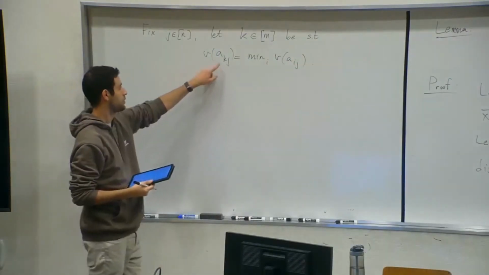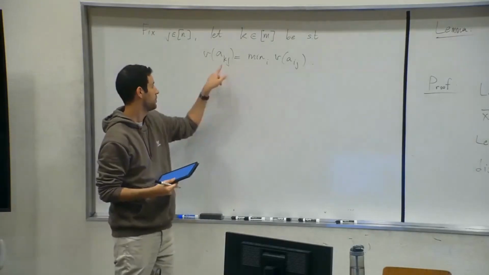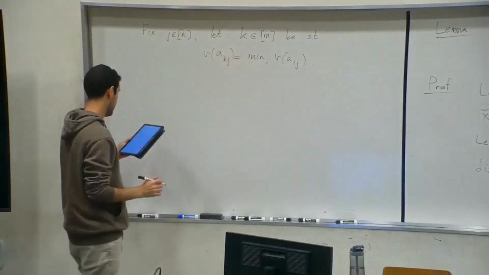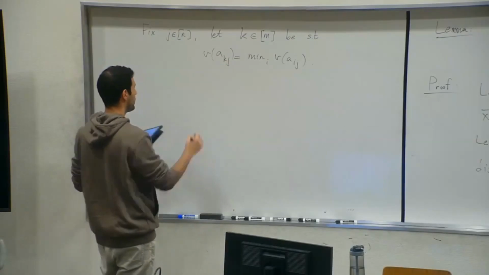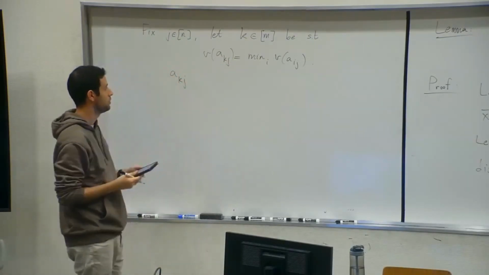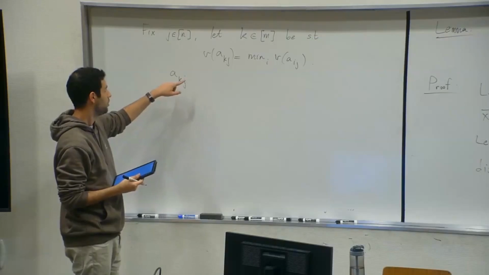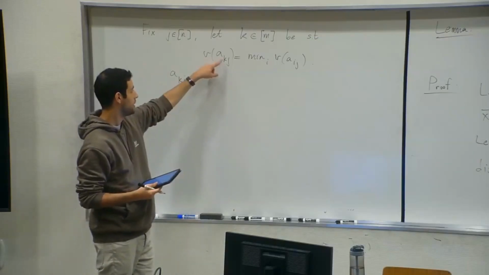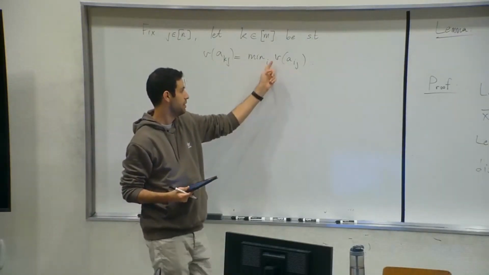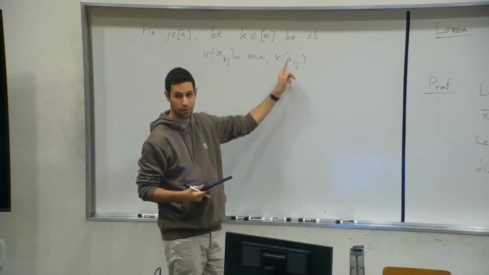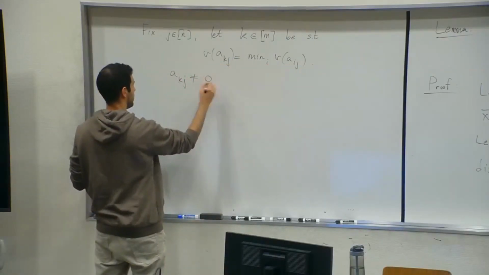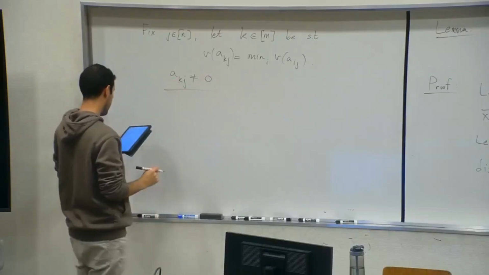So k minimizes this thing. And what can we say about akj? Can it be 0? We assume that at least one of the aij is non-zero. So the valuation of this value is not infinity, so the minimum is finite, so it's not 0.